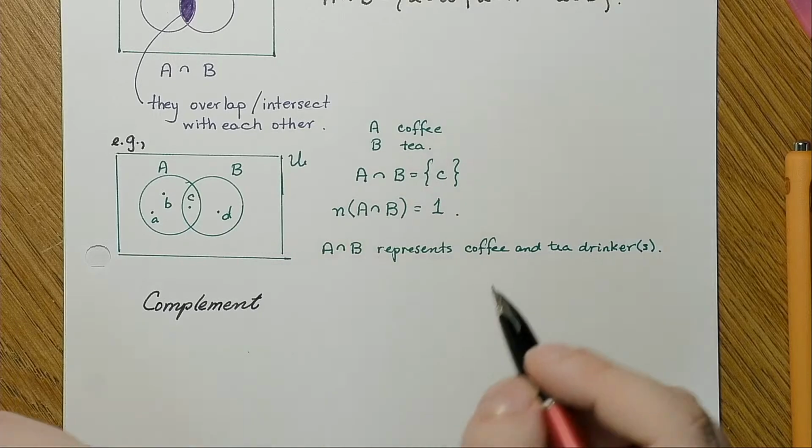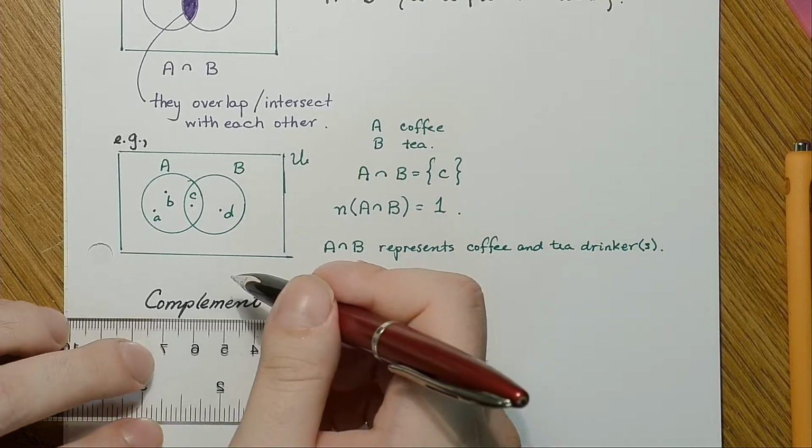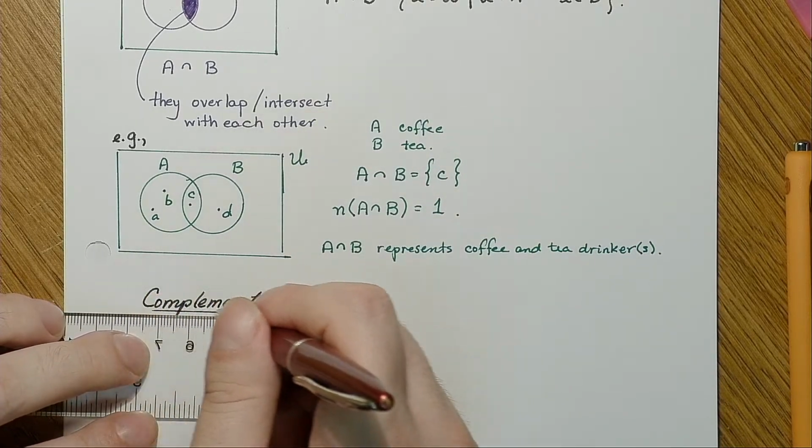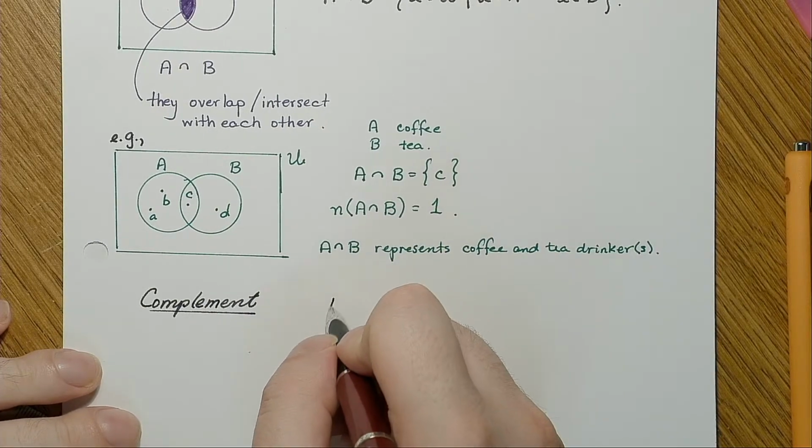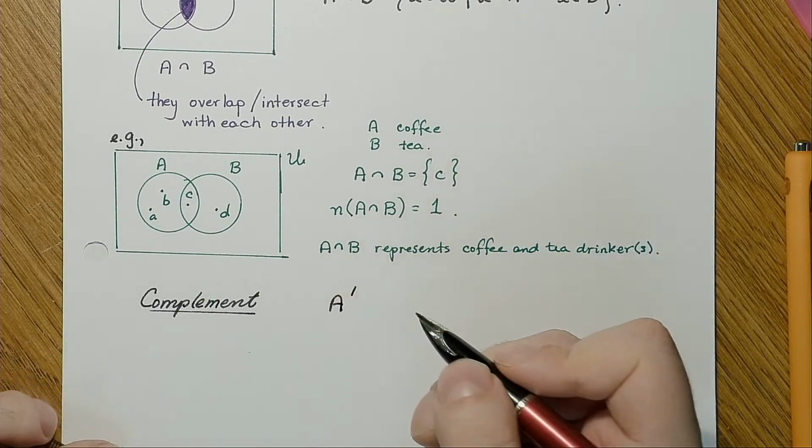The next one that we have is the complement. And let's say we use this A prime.